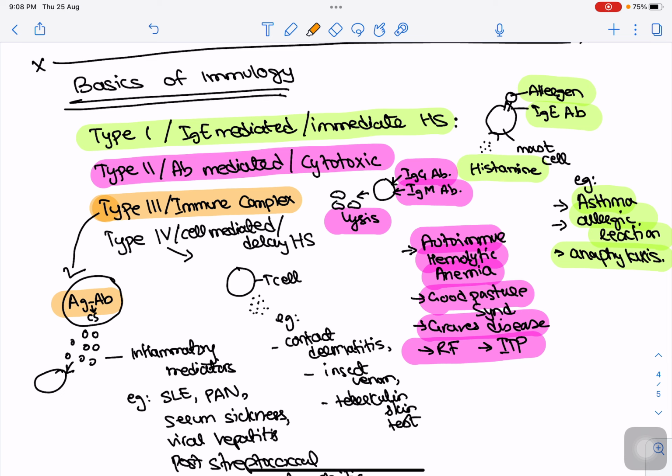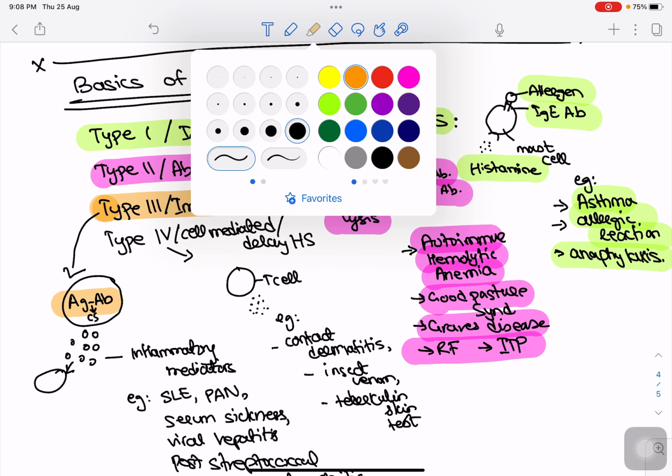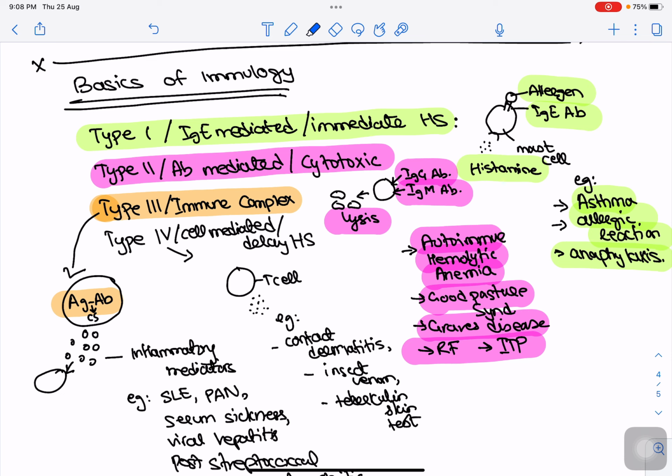So type 1 is IgE mediated, the immediate hypersensitivity reaction. Type 2 is antibody mediated, the cytotoxic. And type 3 is immune complex mediated. If you learn the second name, it is easier to remember what type of reaction each hypersensitivity would have.